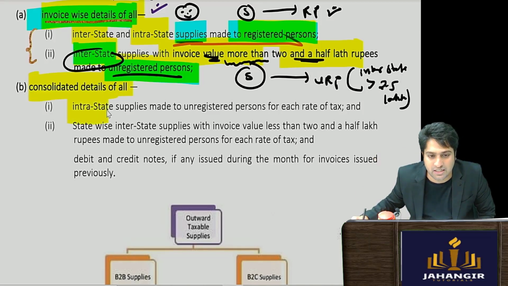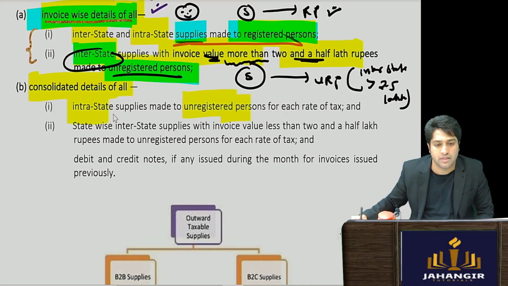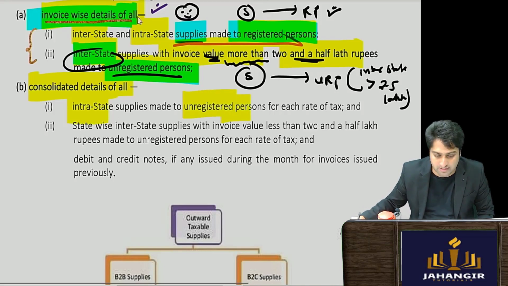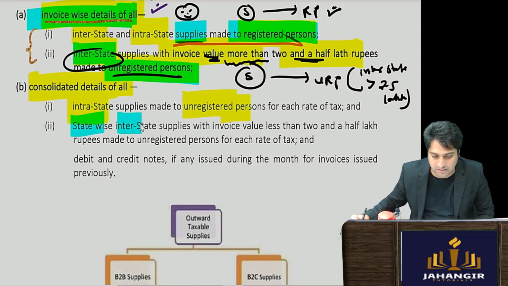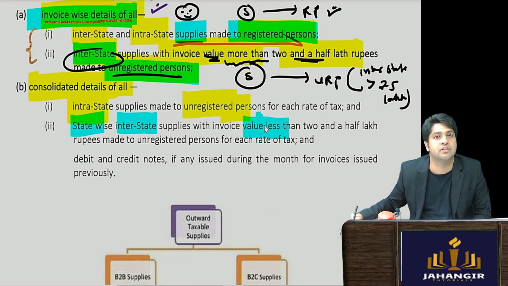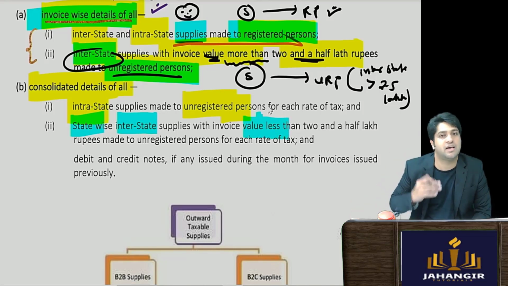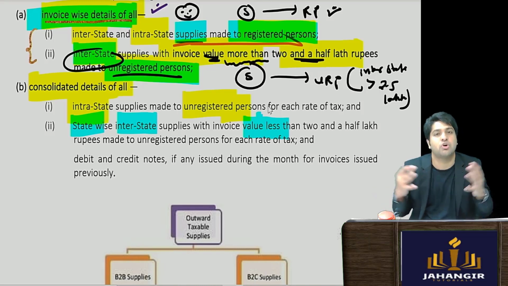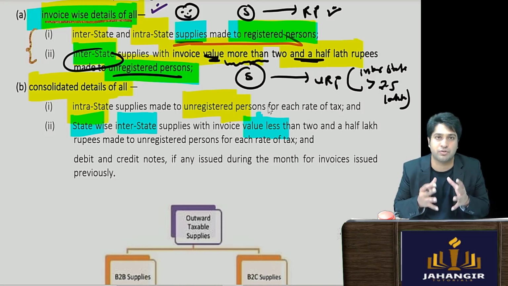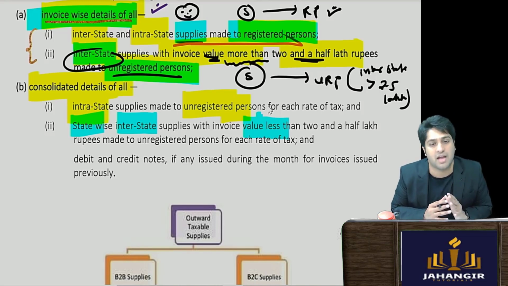If it is intrastate supplies made to an unregistered person, and state wise details have to be put where interstate supplies are made of a value of less than 2.5 lakhs. So just put state wise details. I have to put it state wise, but I can consolidate all of them. For example, I have sold to 50 people. I'll just consolidate the value, the total amount of invoices, and tell the government I've done that.